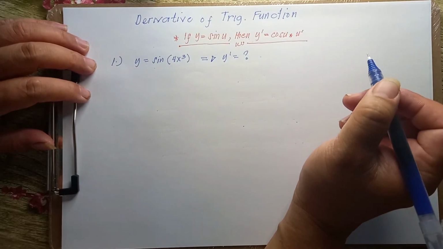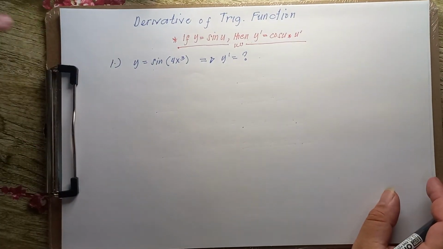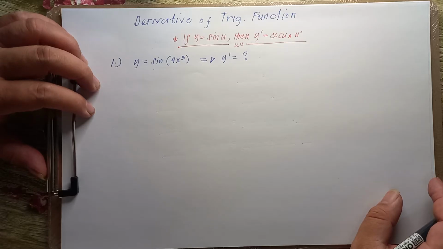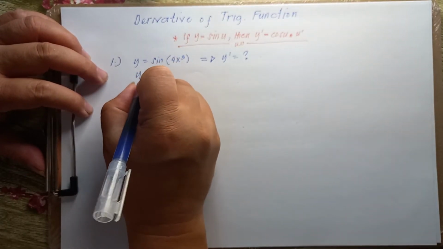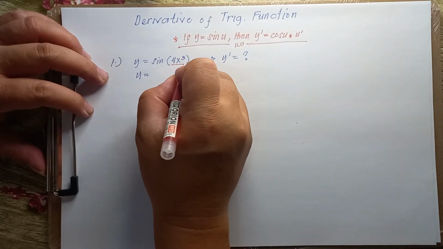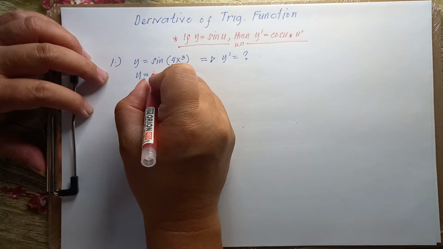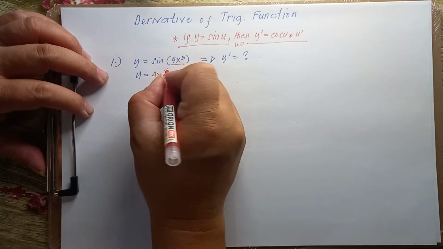Now, when we are going to look for that one, we will identify. Number 1 step is identify what is u. So our u is actually 4x raised to 3.